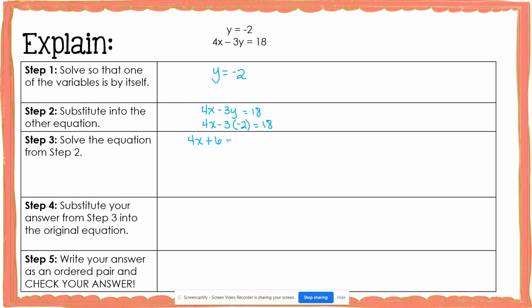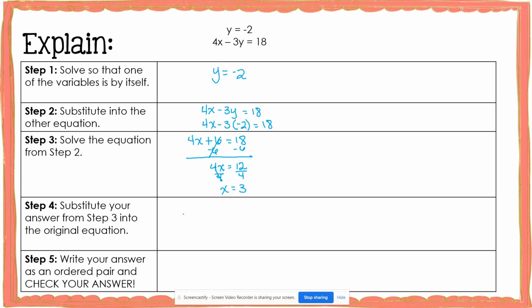Because it's positive, we would write plus 6, and then equals 18. Now we solve our equation, so we subtract 6 from both sides. These cancel, and we have 4x equals, well, 18 minus 6 is 12. And to get x by itself now, we are going to divide by 4 on both sides. These cancel, and we have x equals 12 divided by 4, which is 3.